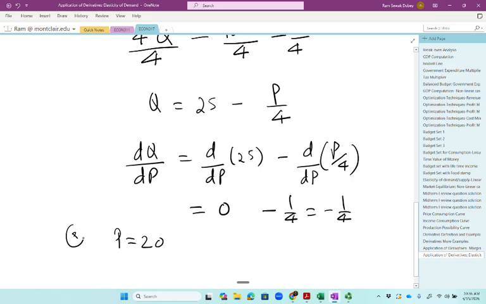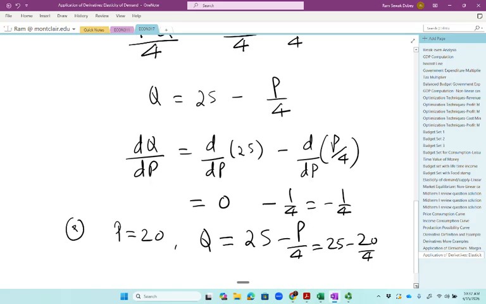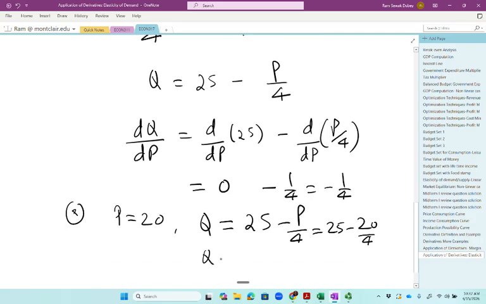So if P is 20, then now I can use the demand function, the one which we obtained by converting the inverse demand into demand, as Q equal to 25 minus P over 4, 25 minus 20 over 4, 20 over 4 is 5, so Q turns out to be 20.